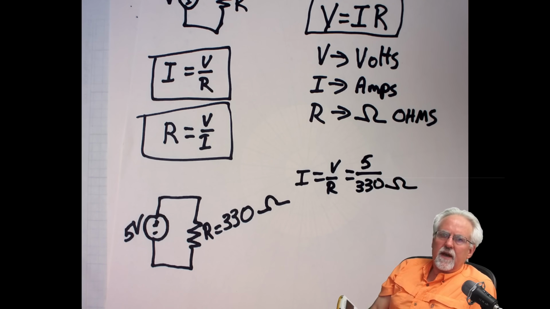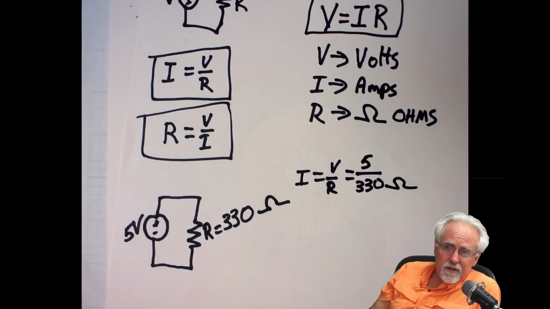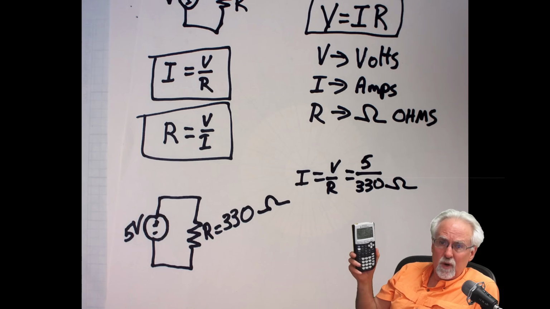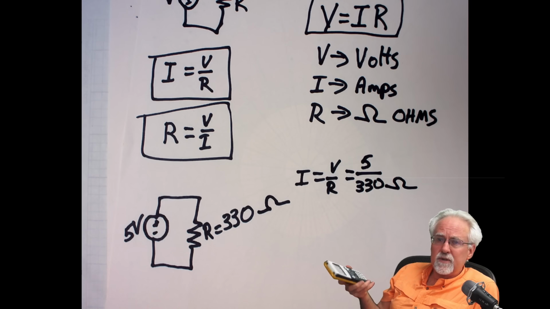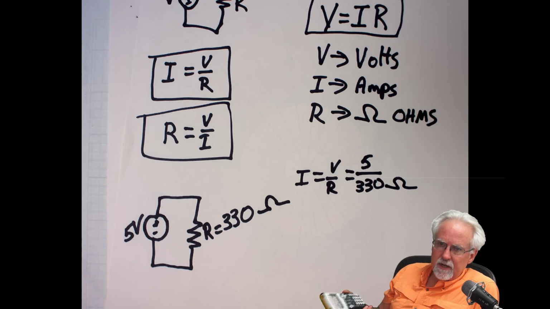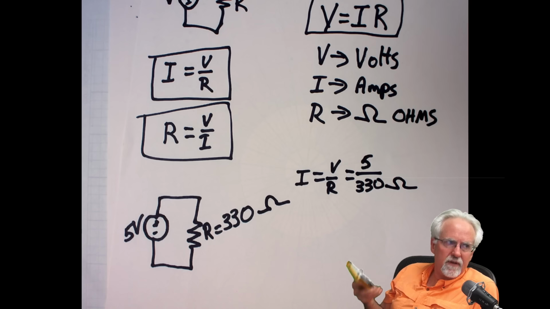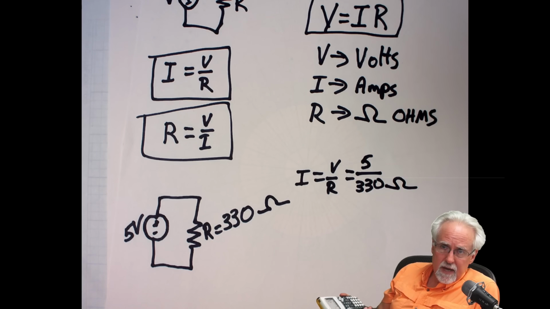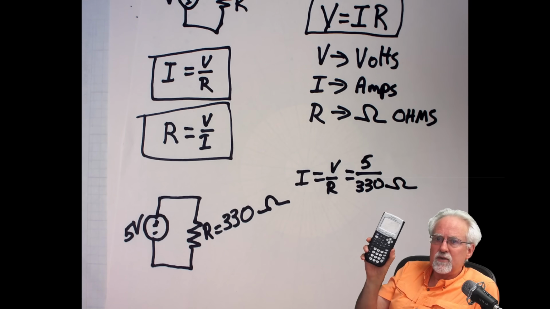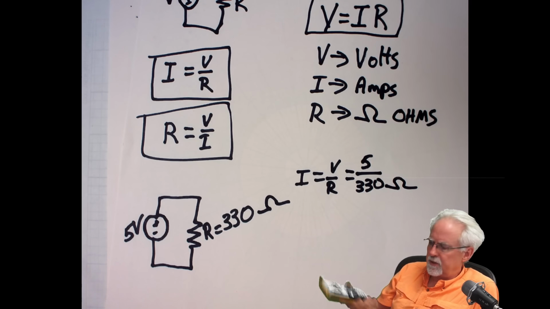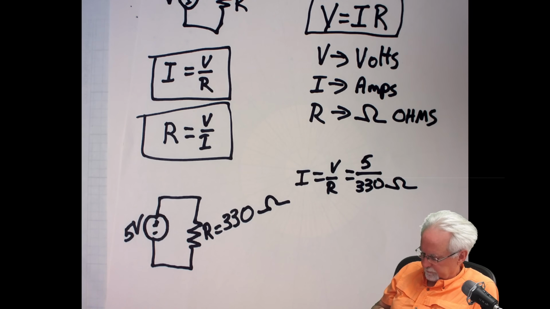Guys, you want a scientific calculator and you want to set it to operate in engineering notation. Engineering notation is scientific notation where it always gives you the exponent at a power of 3. Well, why is that interesting in engineering? We have milli somethings, micro somethings, kilo somethings, and mega somethings. And so it's nice when you use engineering notation because it puts it in those groups of 3.